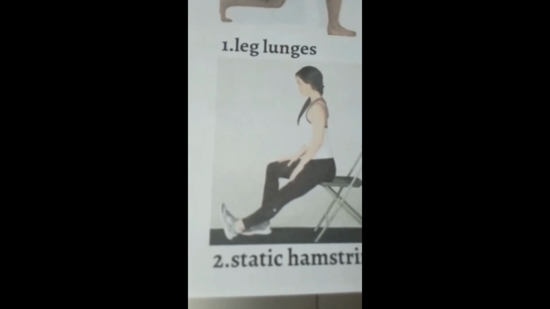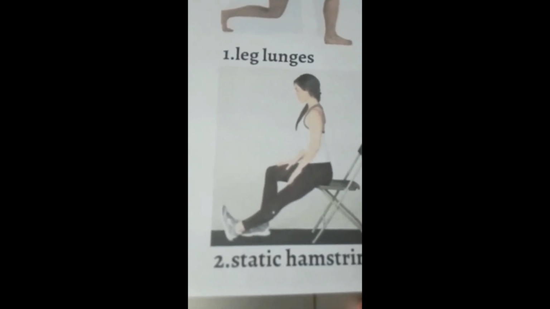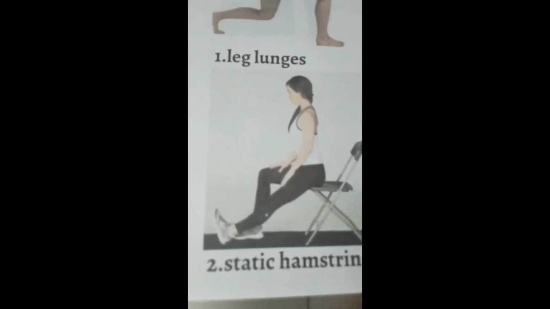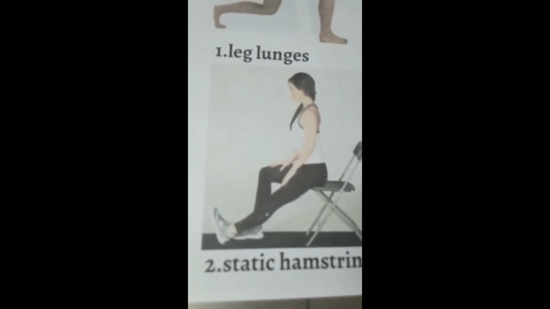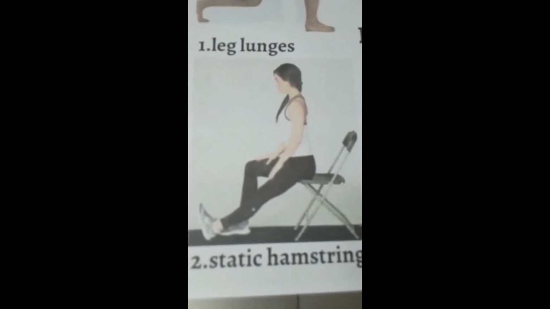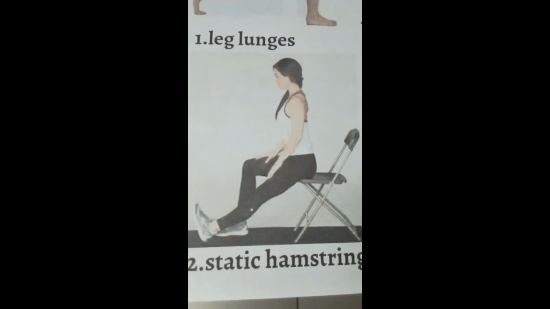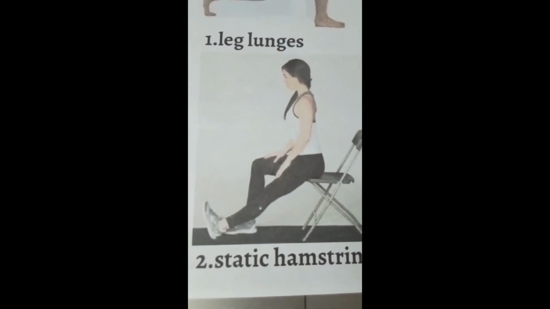Hold for 10 to 30 seconds and then switch to the other leg and repeat on the other side. Now, if you go down too far into this stretch, you can pull your back, so do be careful of that. And if a chair is too difficult for you, you can also move this exercise to the floor.